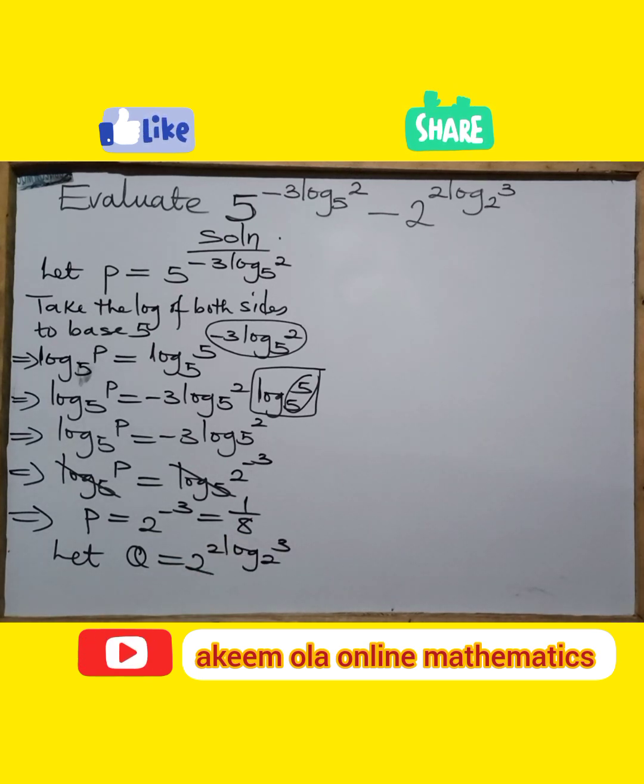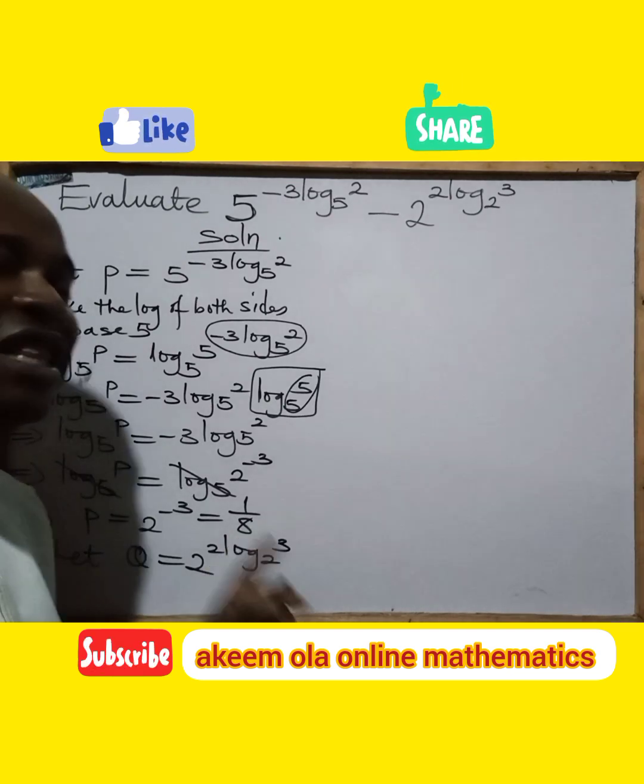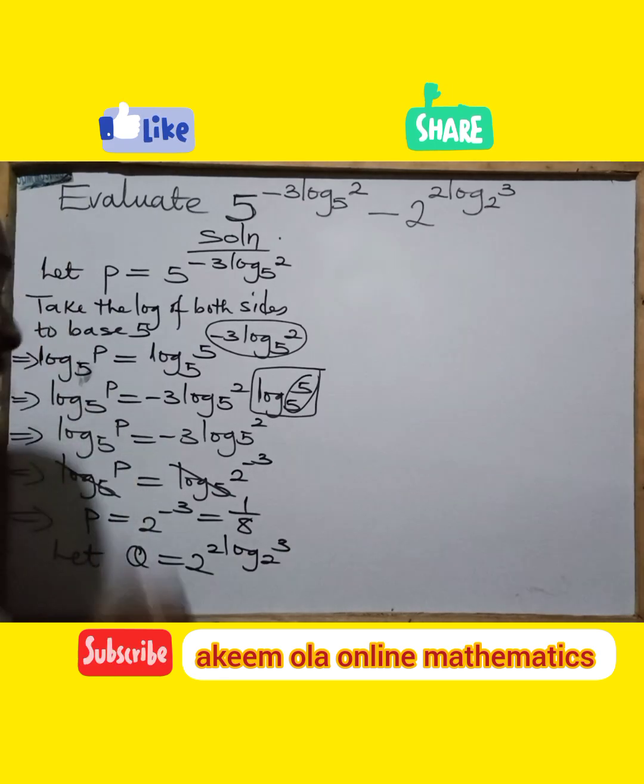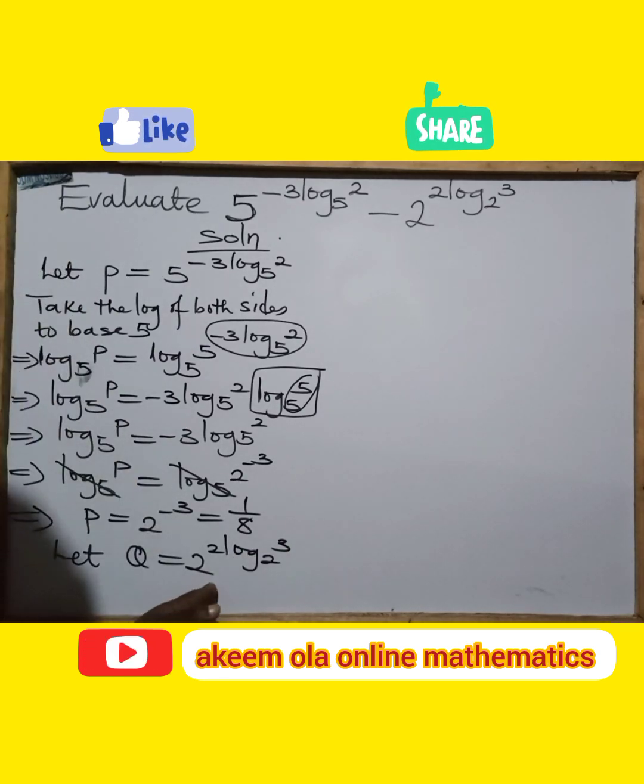So from here, what can I do again? I can take the log of both sides, but in this case, I am going to take the log of both sides to base 2.